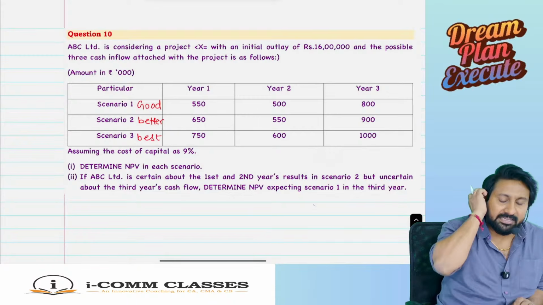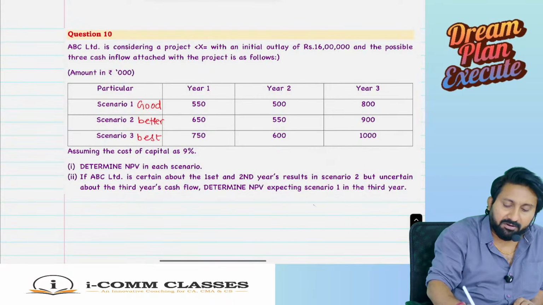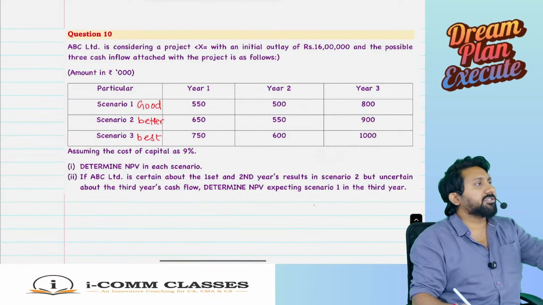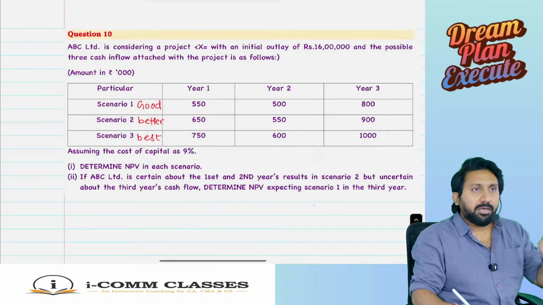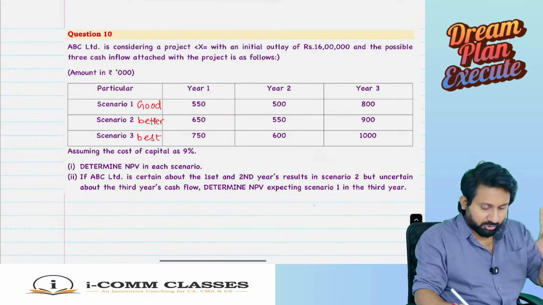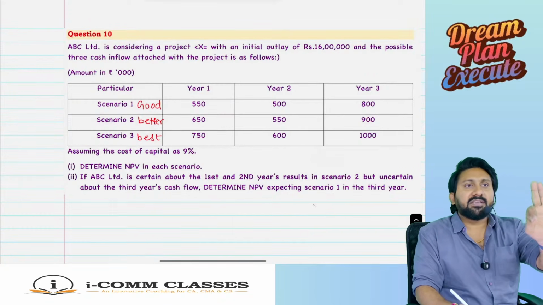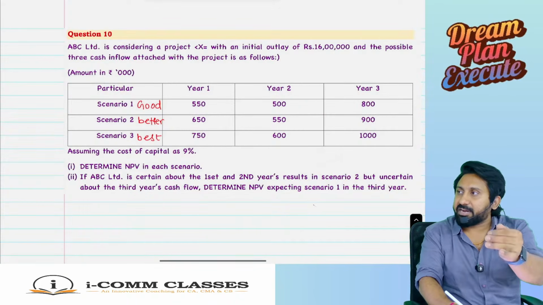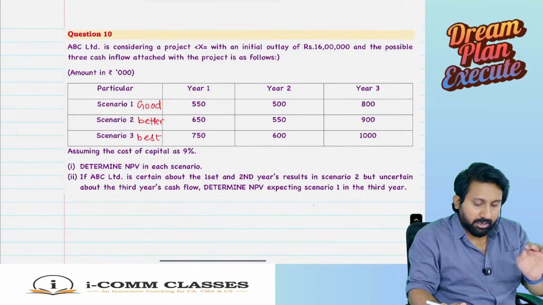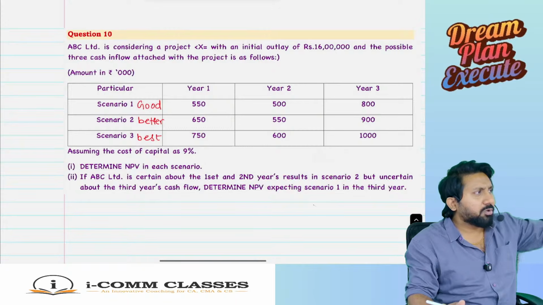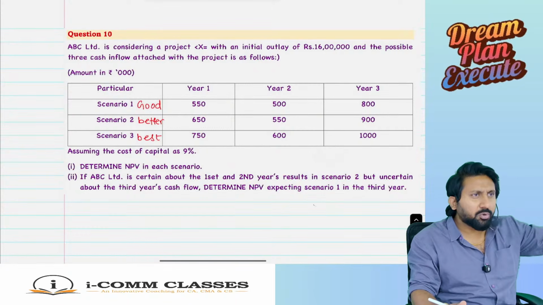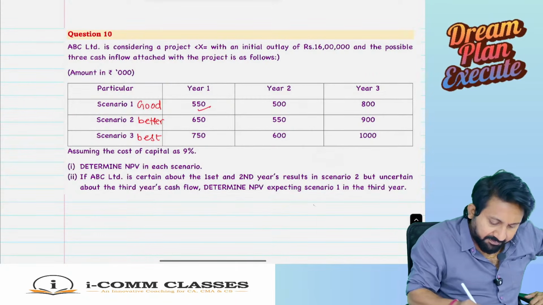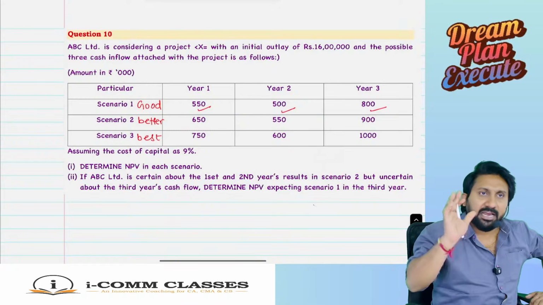ABC Limited is considering a project with an initial outlay of 16 lakh. So tell me, what is the initial investment today? Inflow and outflow? Super. Number one over. There are three scenarios. Rather than calling it scenario, I will call good condition, better condition, best condition. If the economy is good, if my project is doing good, then 550, 500, 800 will be my cash flow.